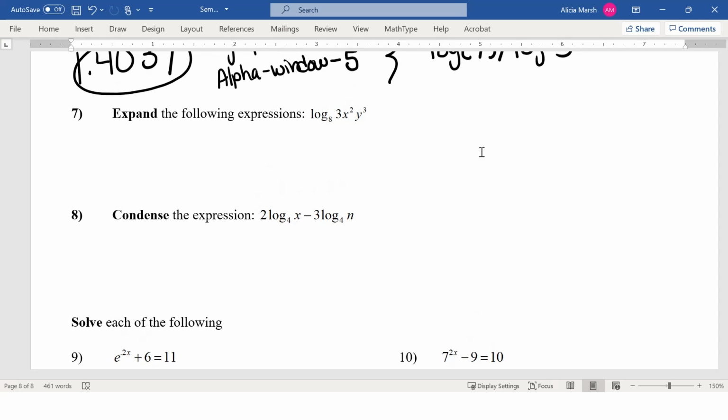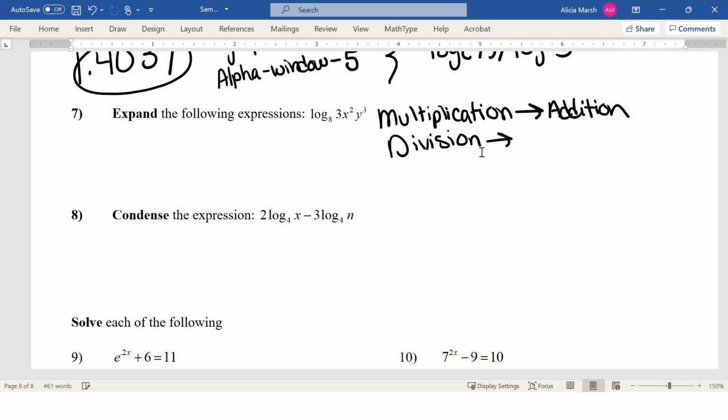Now remember, when we saw multiplication, that made us go to addition. So we changed that to addition. When I saw division, I changed that to subtraction. And then the other thing that happened is if I saw a power, I made that a coefficient, a number in the front, right?